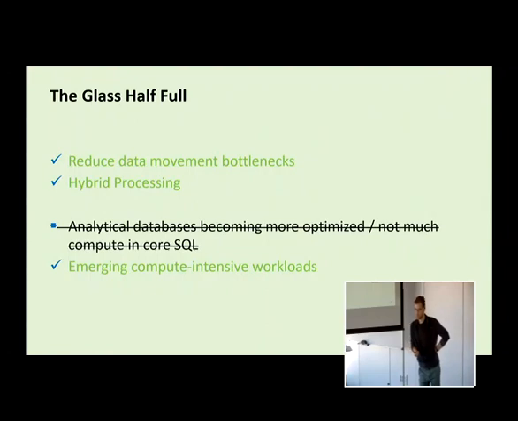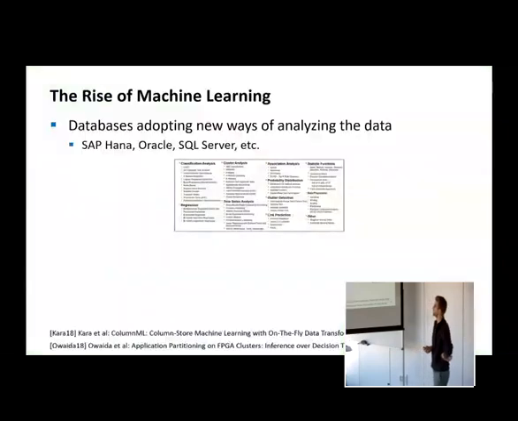And then finally, for the compute-intensive workloads, recently there has been a lot of change going on. If you look at analytics workloads and analytical databases, their offering has been increasing, and they all offer more and more involved data analytics packages.